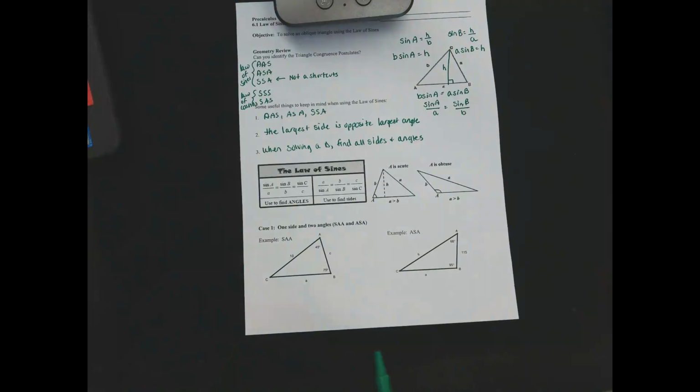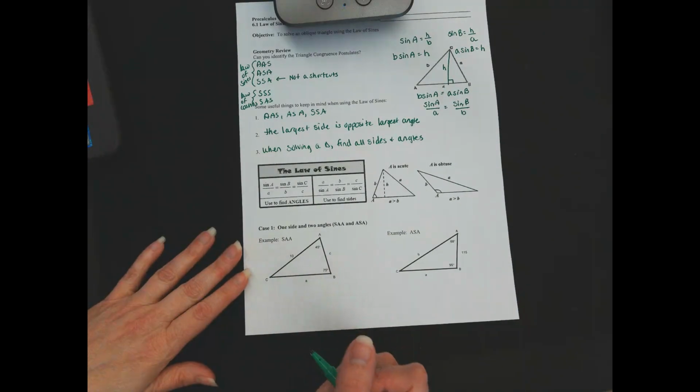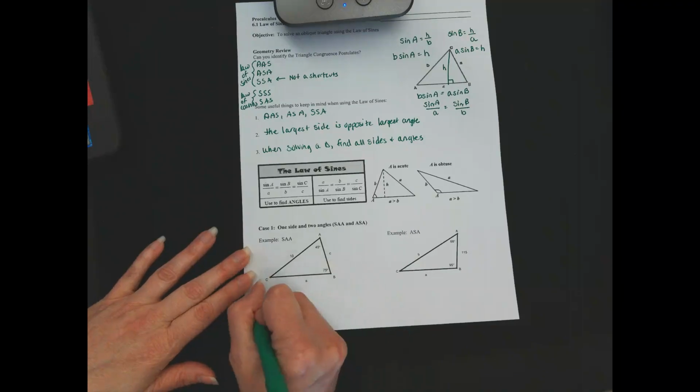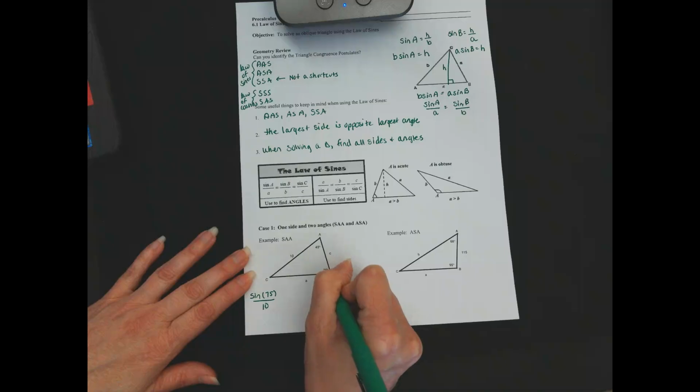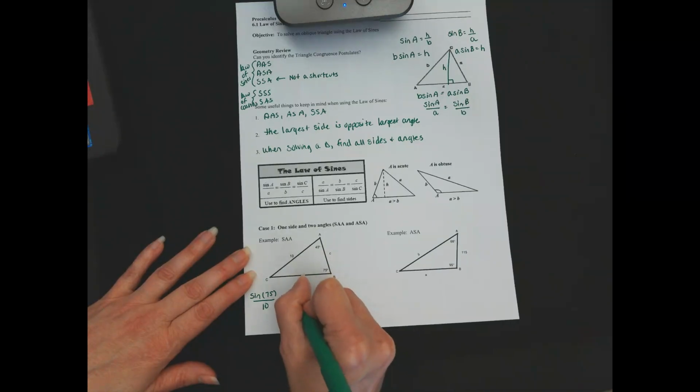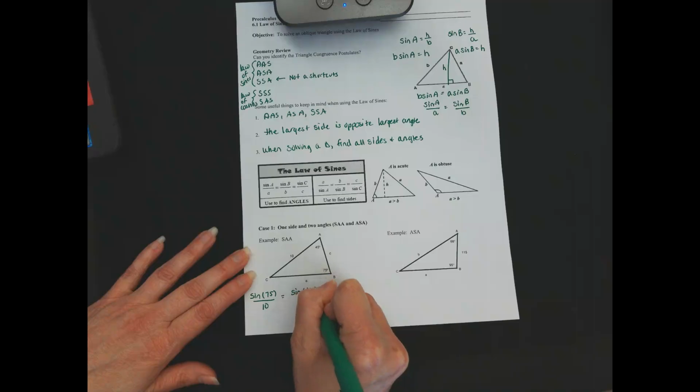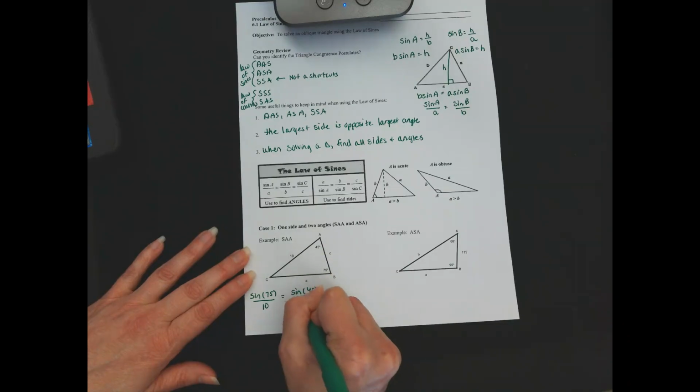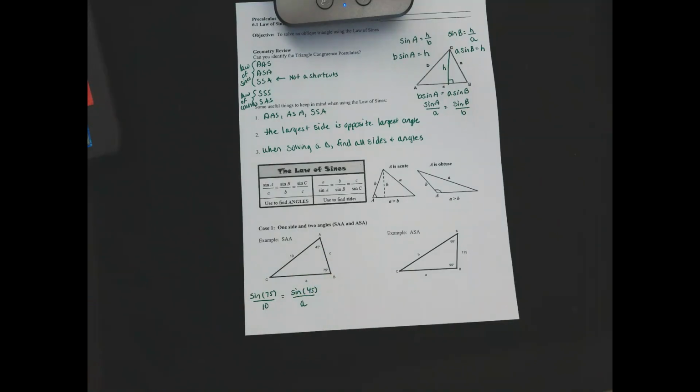Again, it doesn't really matter if you want to put your sides on top. I just tend to always start with the angles. So, sine of 75 over 10, so it's sine of this angle over the side across from it, is equal to sine of 45 over side A. And A we don't know.